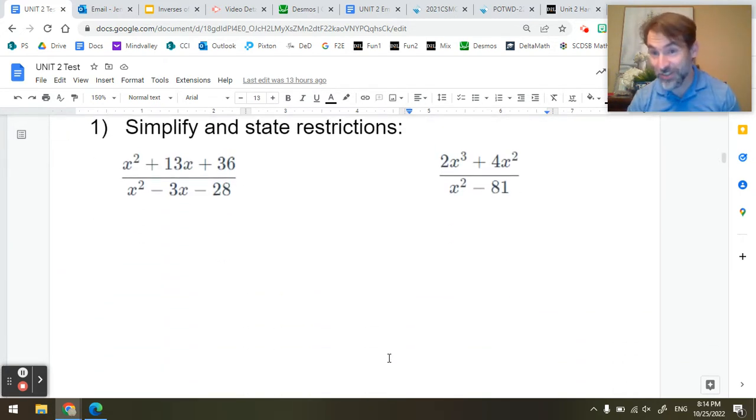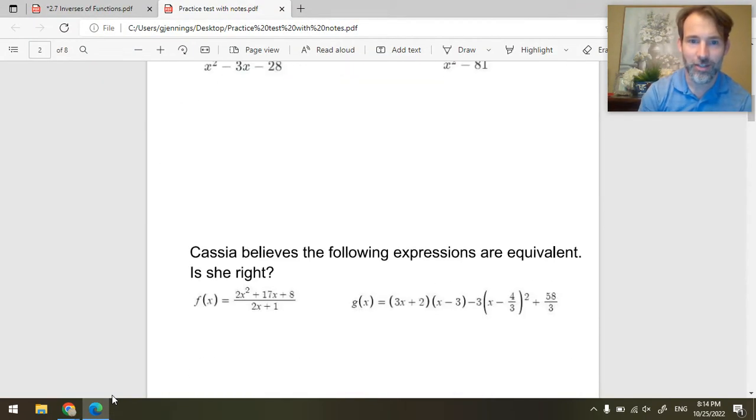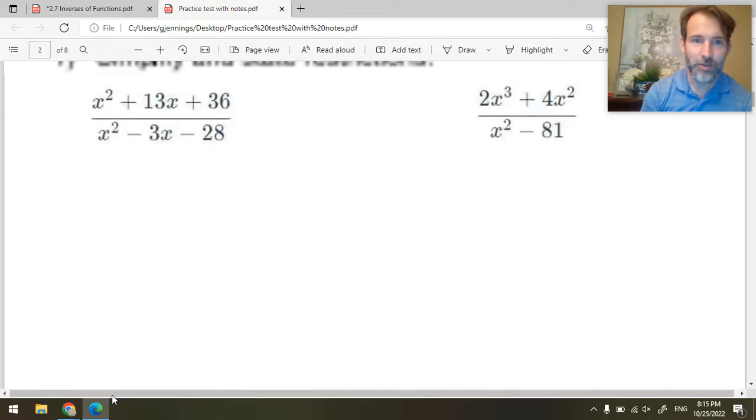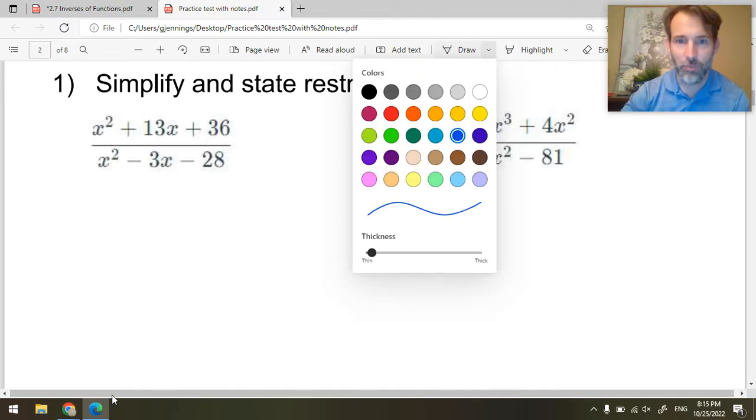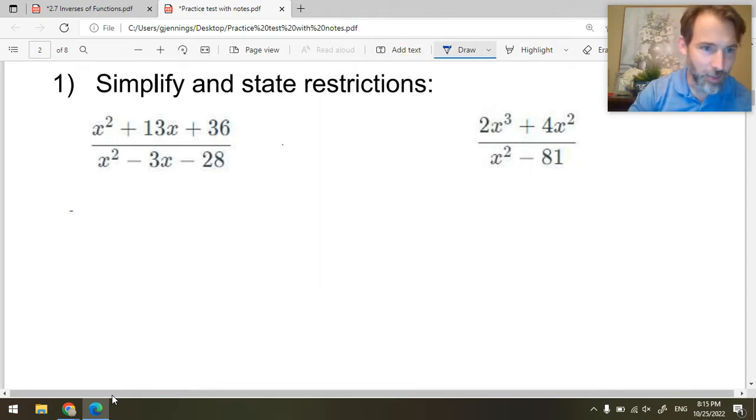These are the types of questions I might give you on Friday. For this first one, I want it over here. Over here, we can get a pen, make it thin, and the next line is going to be equals. I've noticed in some of your work, you don't use the equal sign.